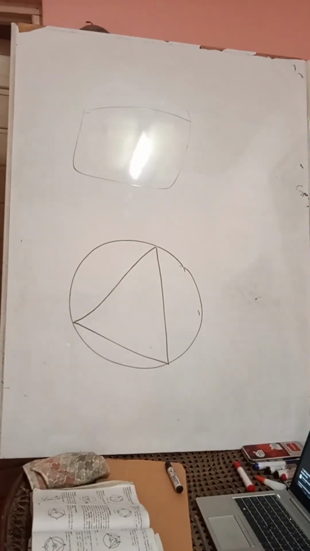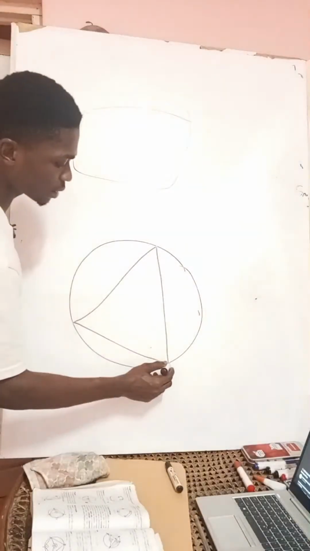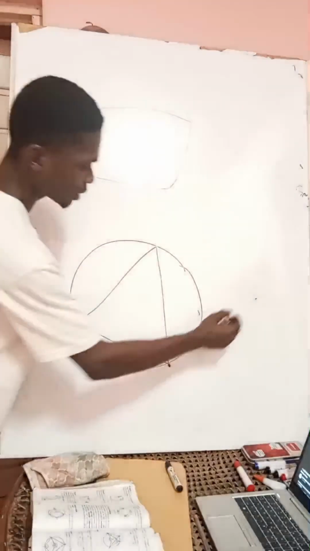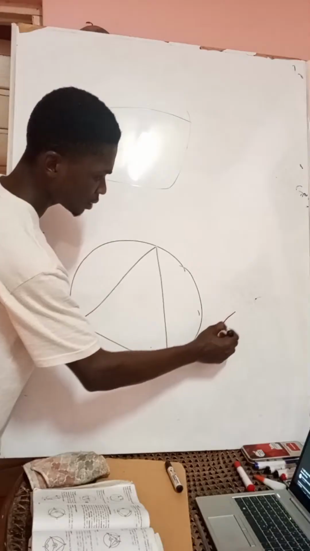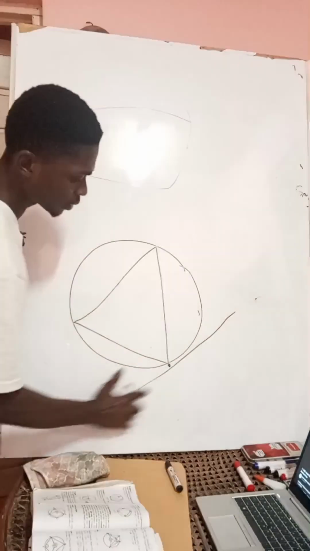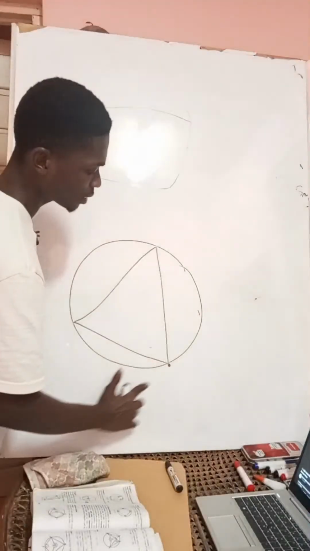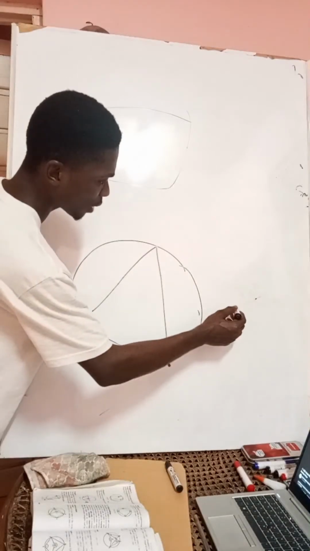When you have a triangle in that circle, you have a tangent attached to the circle. So this is the tangent. A tangent is a line that touches a circle at one point.